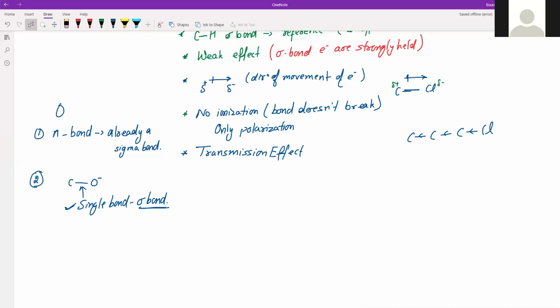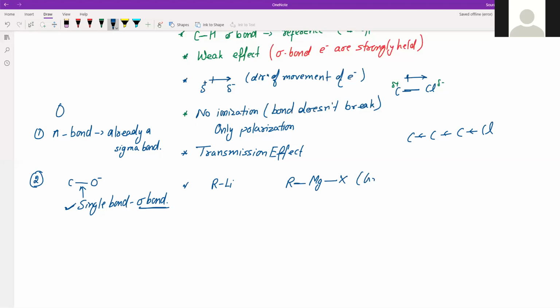Now, in the case of organometallic compounds, that means organic compounds with metals, for example R bonded to Li, or a compound called RMgX.